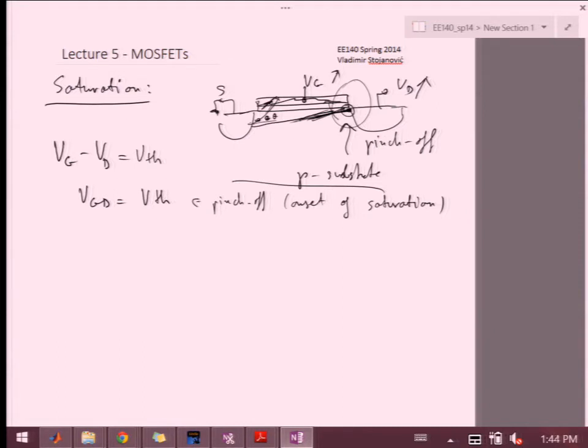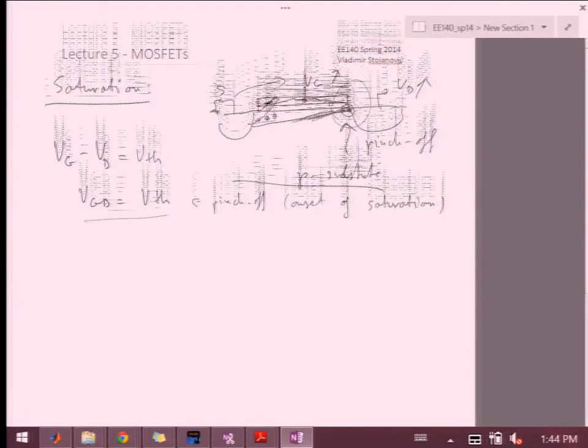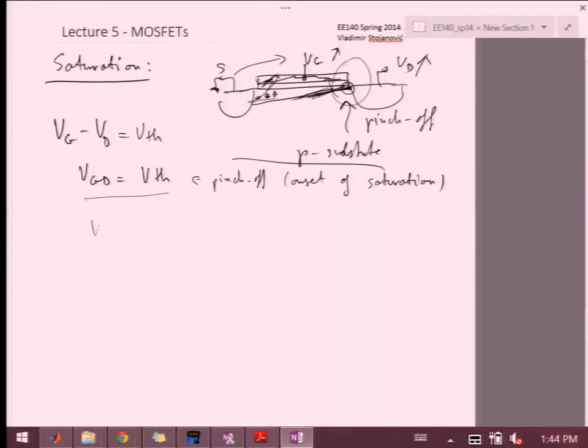Okay, so I can reformulate this by essentially adding this potential of everything referring to source. So I have, in this case, that VG equals V threshold plus VD, or VGS is equal to V threshold plus VDS. Or I can rewrite this that VDS is equal to VGS minus V threshold.